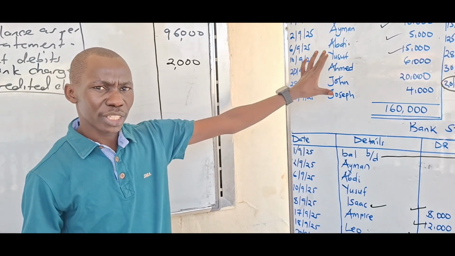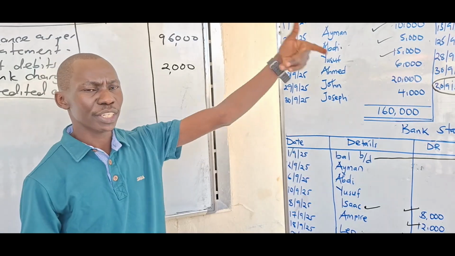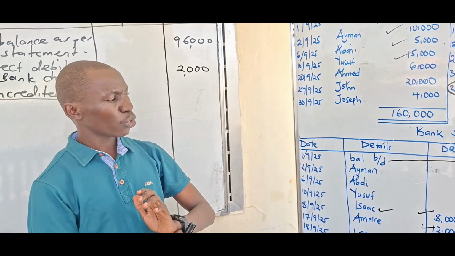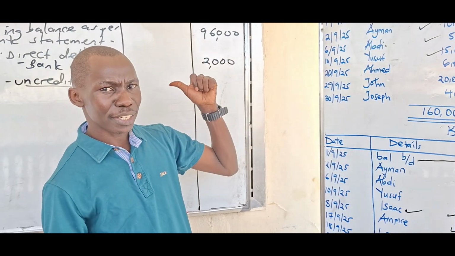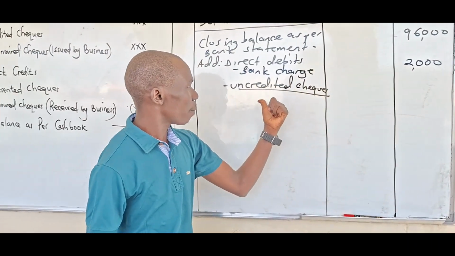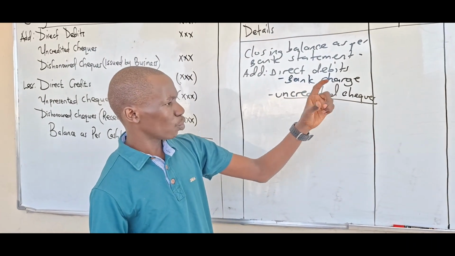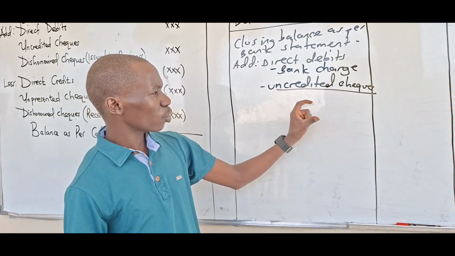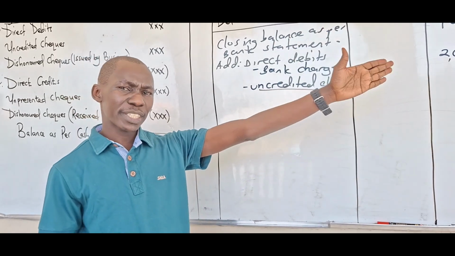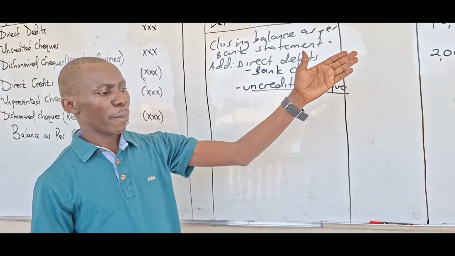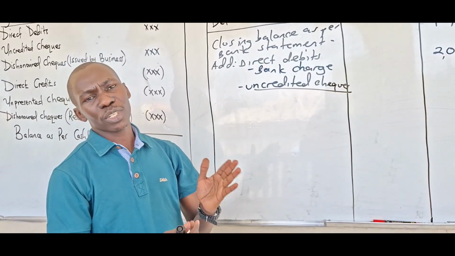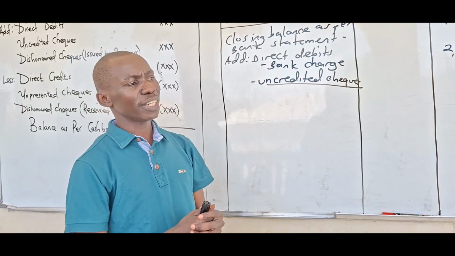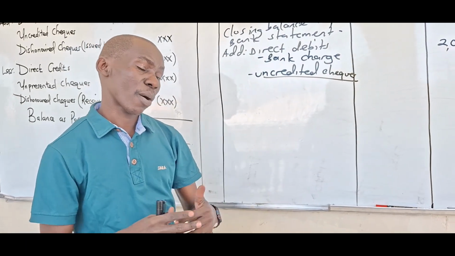Even you sent your check to the bank, but the bank has not yet credited your account. So such checks have to be added back here in our bank reconciliation statement. We identify such checks. Those checks will be appearing on the debit side of the cash book, but they are not appearing under the credit column. That's why they're called uncredited. They are not yet credited in our bank statement or our bank account.